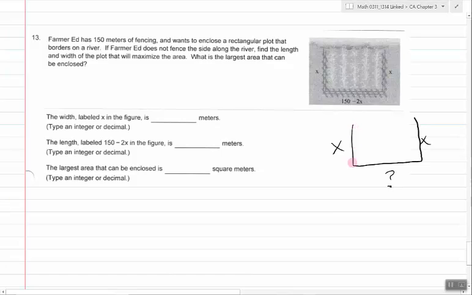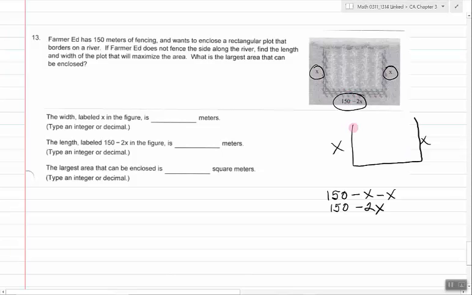I know that the total of all 3 sides is 150 meters. I'm going to take off an X, and another X, and whatever's left over is this side. So this is 150 minus 2X. That is this side.